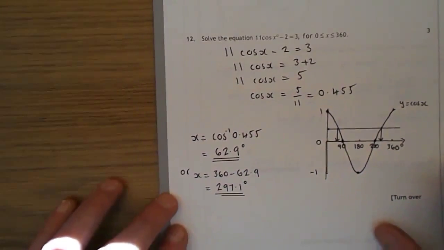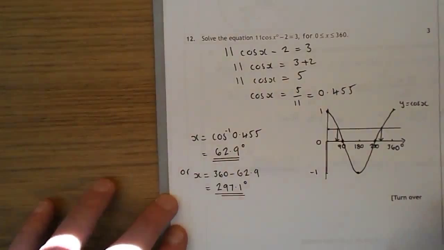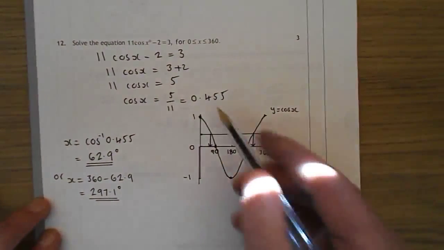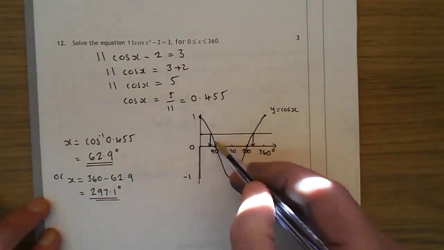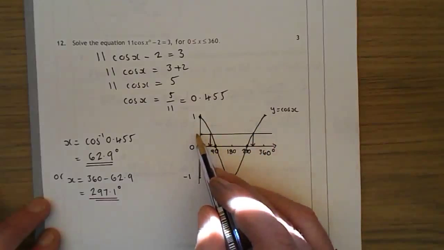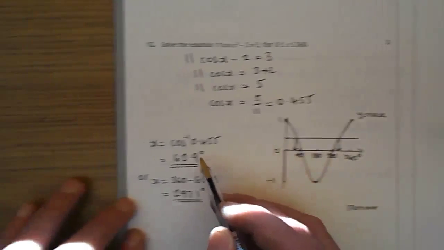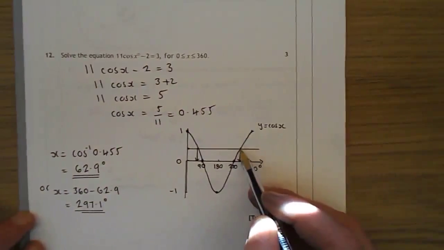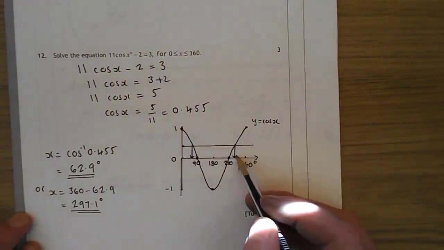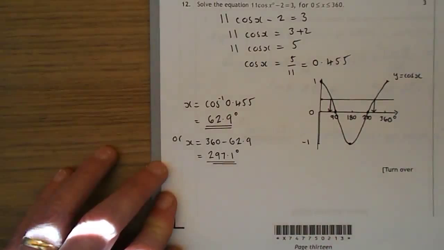Do a shift cos, and you get 62.9. But be aware that there's another angle there. It was a very poor cos curve, but there it is. You can see that if that is 0.455, then there's one solution here, and that's the 62.9, but there's another one over here, and that's 360 take 62.9, 297.1.